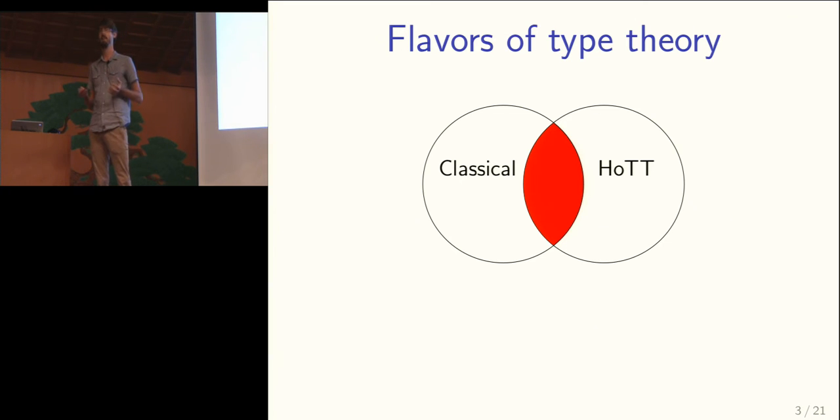And to appreciate the difficulty of this problem, we have to zoom out a bit and look at different flavors of type theory that we want to work with in AGDA. So the basic theory of AGDA consists of basic dependent functions and data types and universes, so Set. And then you can add additional axioms or primitives to that theory depending on which area you're working in. For example, you can add the excluded middle, or other axioms, which gives you classical logic.